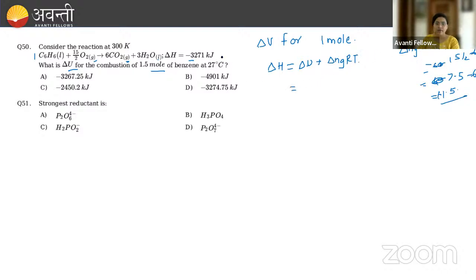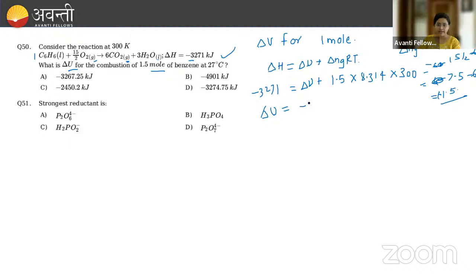Delta H you have been given as minus 3271 kilojoule. Delta U you can calculate. Delta Ng you have calculated just now. Put 8.314 as the value for R, and for T, it is given that the temperature is 300 Kelvin, so it is already in Kelvin. Just do this simple maths and you will get the delta U value.